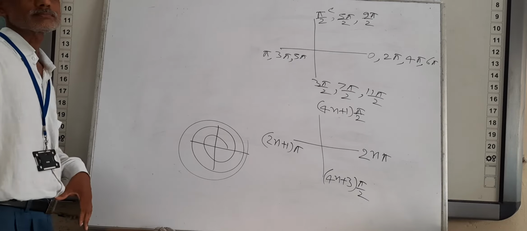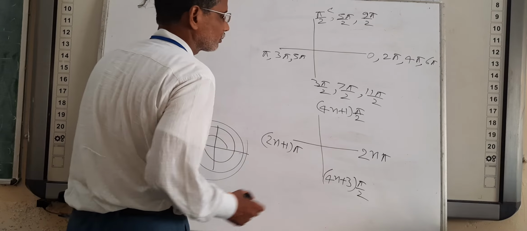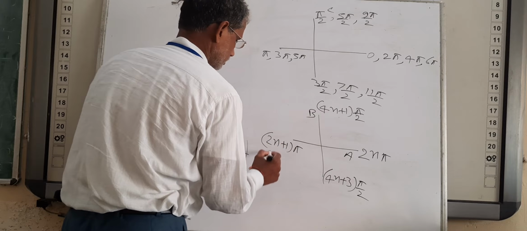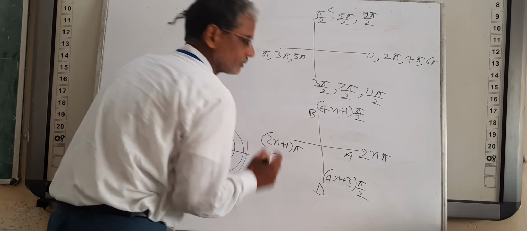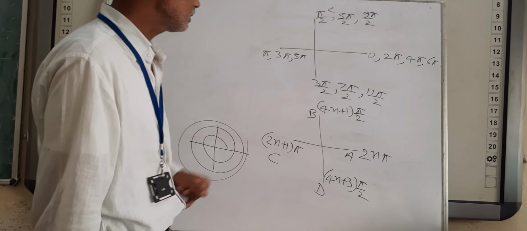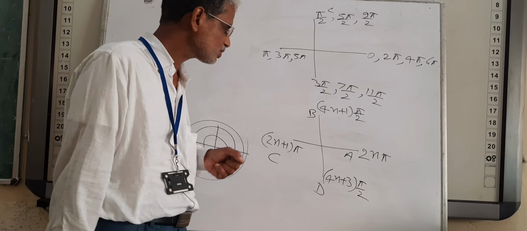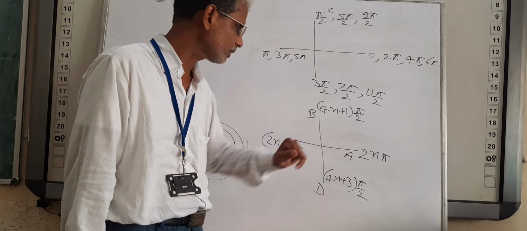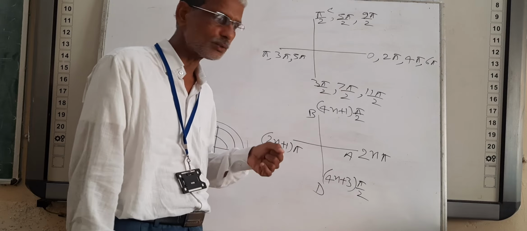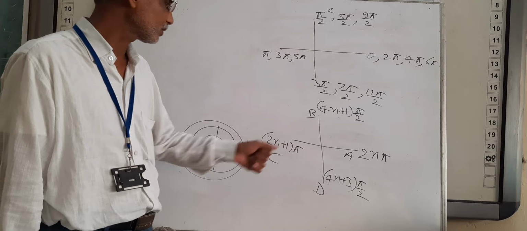Now if you write 4 symbols A, B, C, D, then A, B, C, D has 4 names. Point A, that is this point, is 2n pi. B is (4n plus 1) pi by 2. C is (2n plus 1) pi.